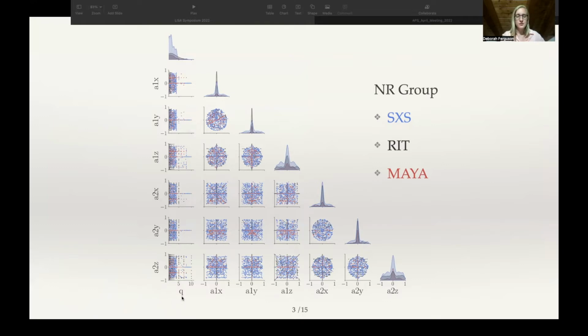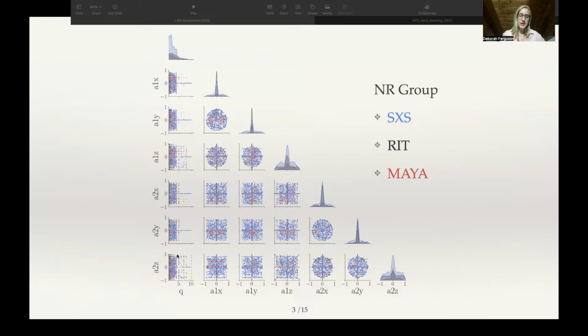What you'll notice in this plot is that for lower mass ratios, we tend to have simulations that span the spin range for each of the components for each of the black holes. Here we've got the primary black hole, and here, A2, we have the secondary black hole, each of the spin components. You can see for mass ratios up to 4, we have decent coverage in all of that parameter space.